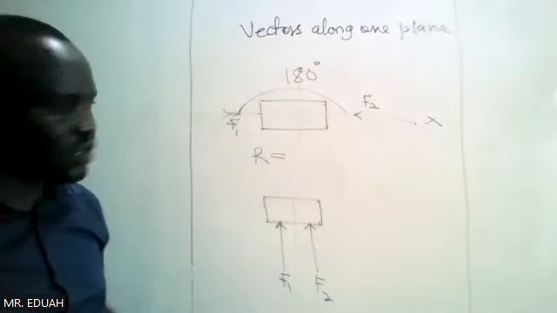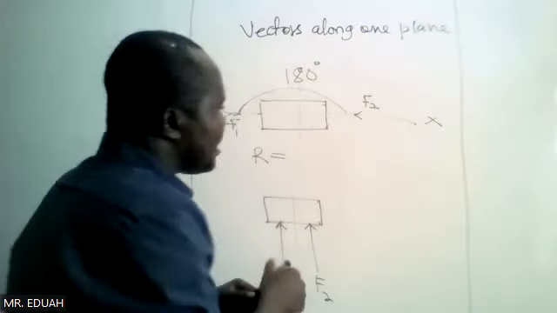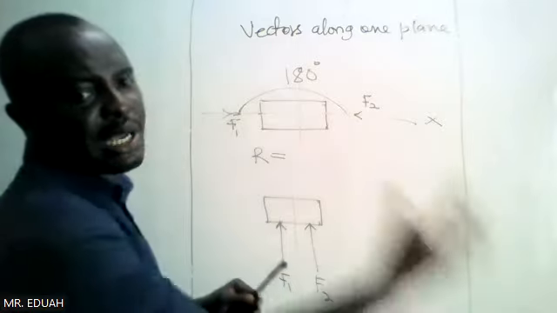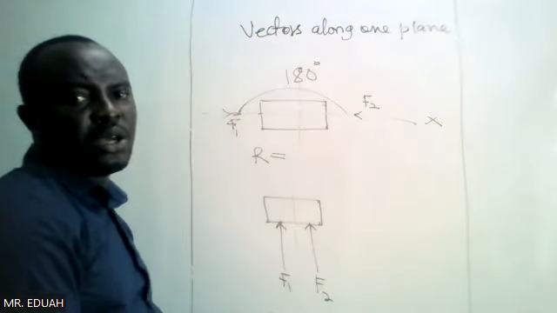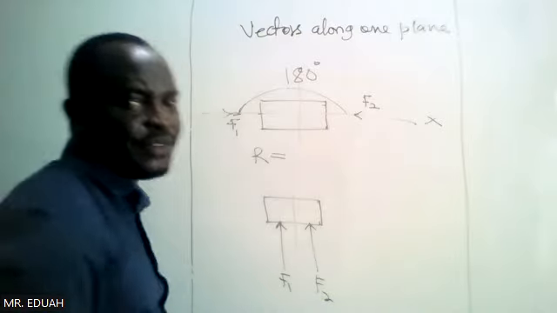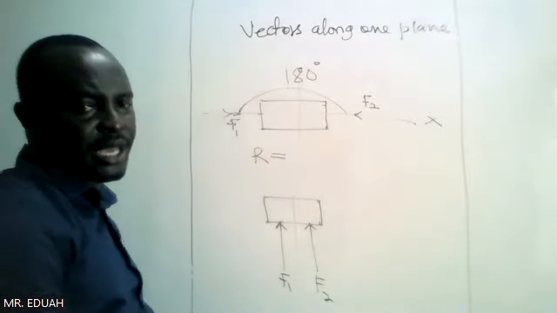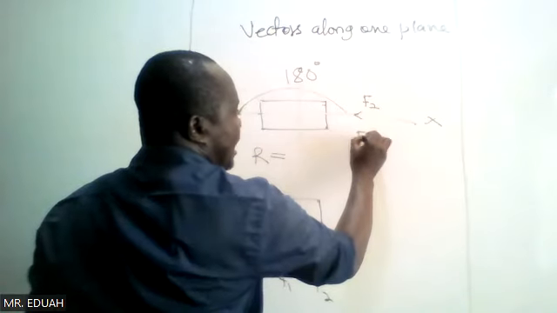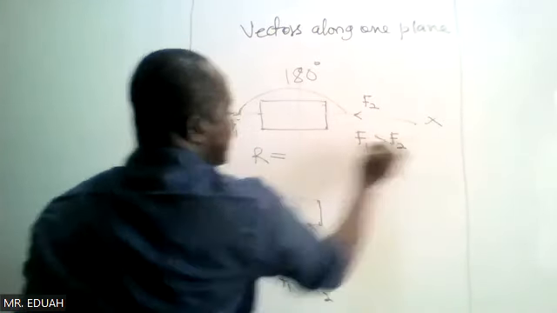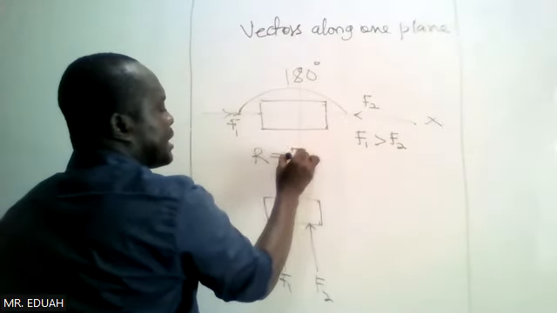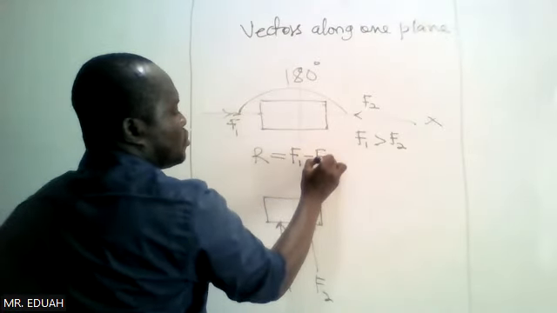Oh, you are right. So here you subtract the least vector or force from the most vector. If F1 is greater than F2, then the resultant will be F1 minus F2.